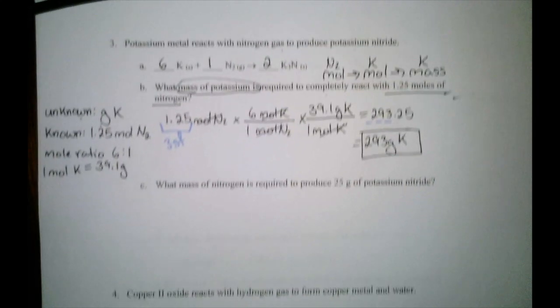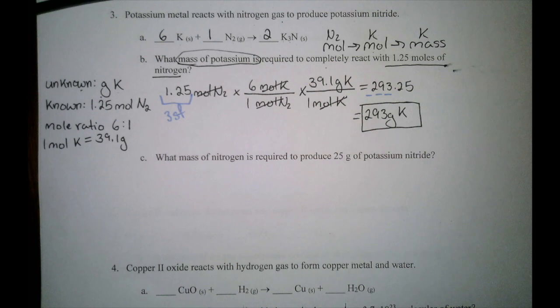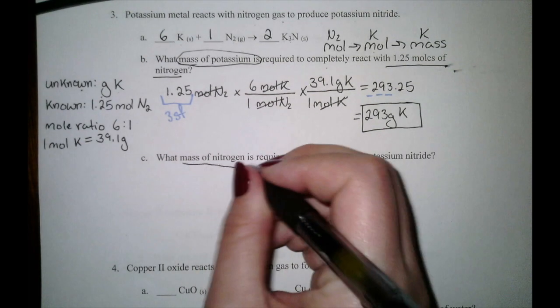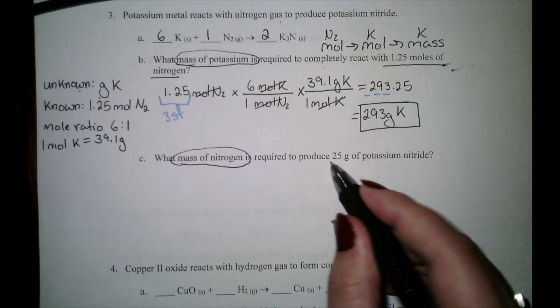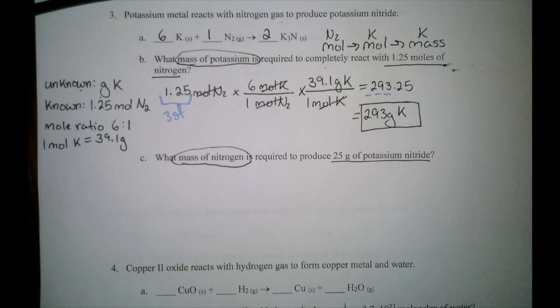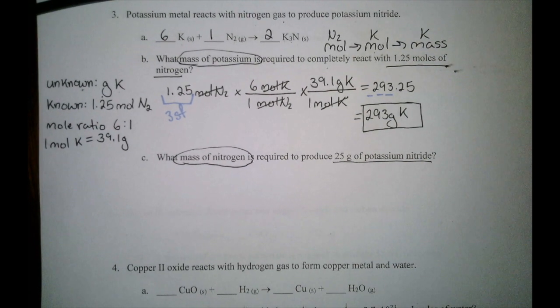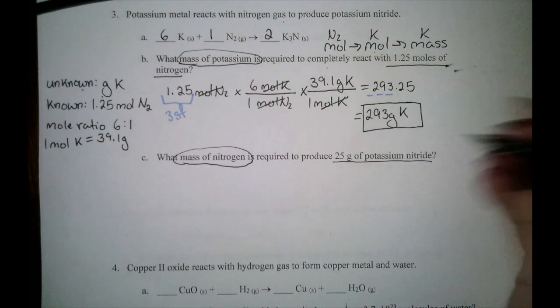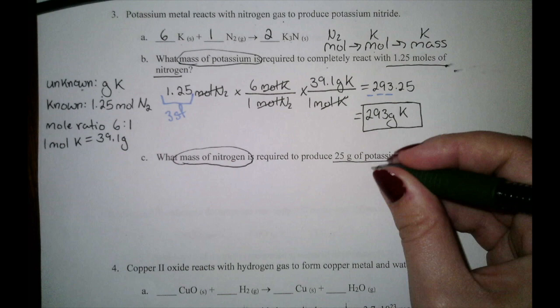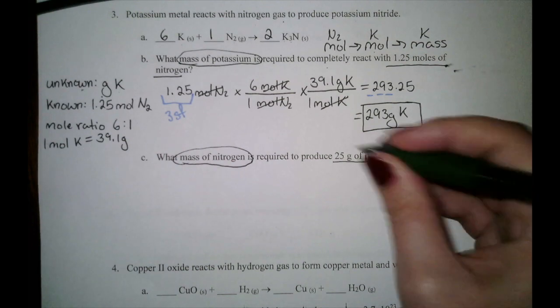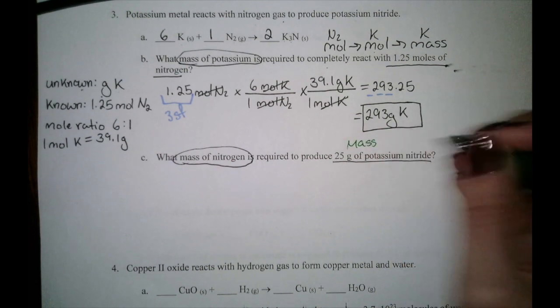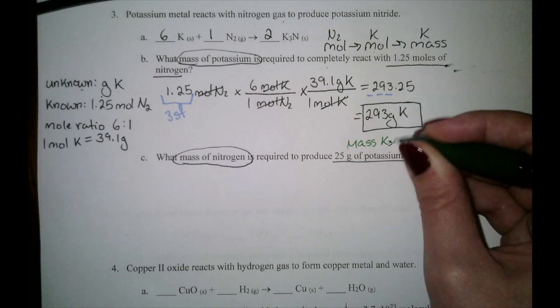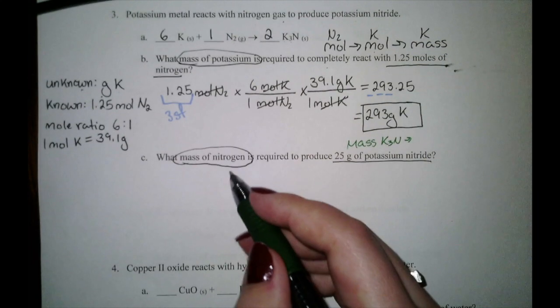All right, now let's look at our next problem. This one says, what mass of nitrogen is required to produce 25 grams of potassium nitride? So here, what we have going on is we're starting with our mass of potassium nitride, and we need to get mass of nitrogen.